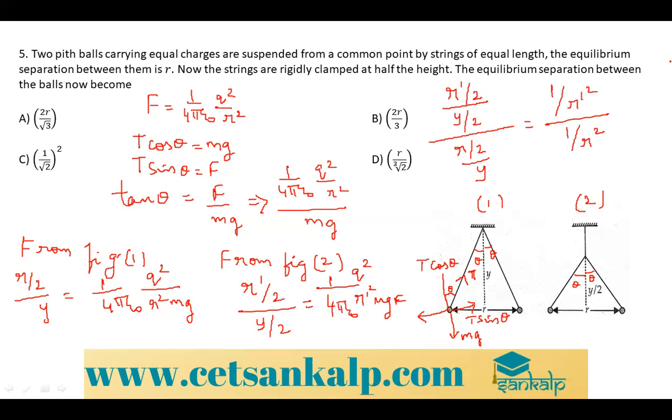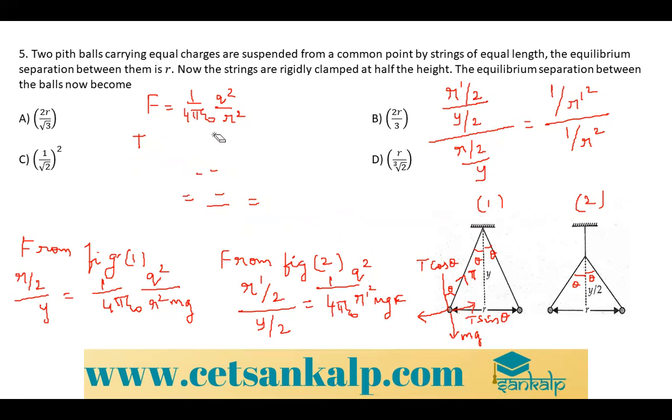Is this clear? Can this be simplified? So I will erase this part, and I will rewrite the simplification. So look at the problem again here. Two pith balls carrying equal charges are suspended from a common point by strings of equal length. The equilibrium separation between them is r.